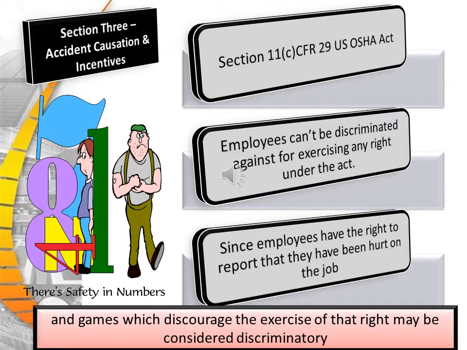Employees can't be discriminated against for exercising any right under the Act. Since employees have the right to report that they have been hurt on the job, games which discourage the exercise of that right may be considered discriminatory.